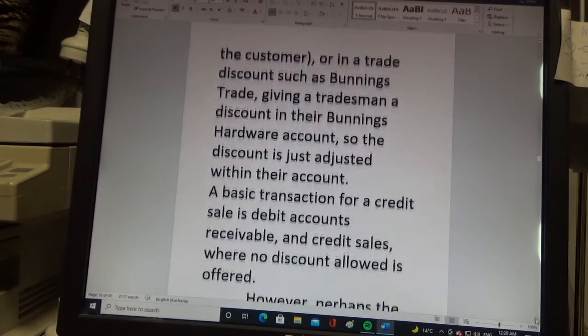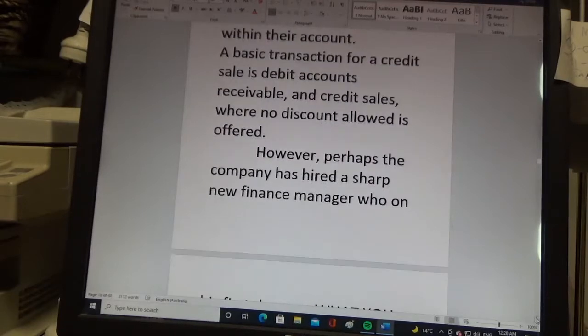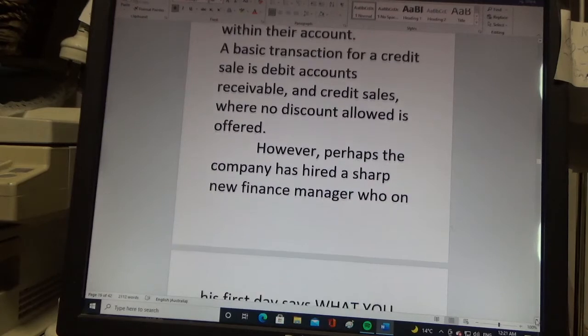A basic transaction for a credit sale is debit the accounts receivable, which makes sense because accounts receivable is a current asset on the balance sheet, so you debit it, and you credit sales. Sales is on the income statement and always a credit item.